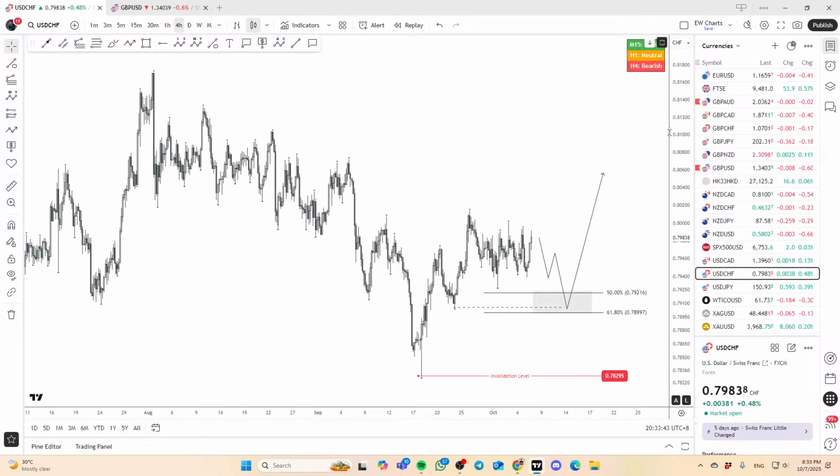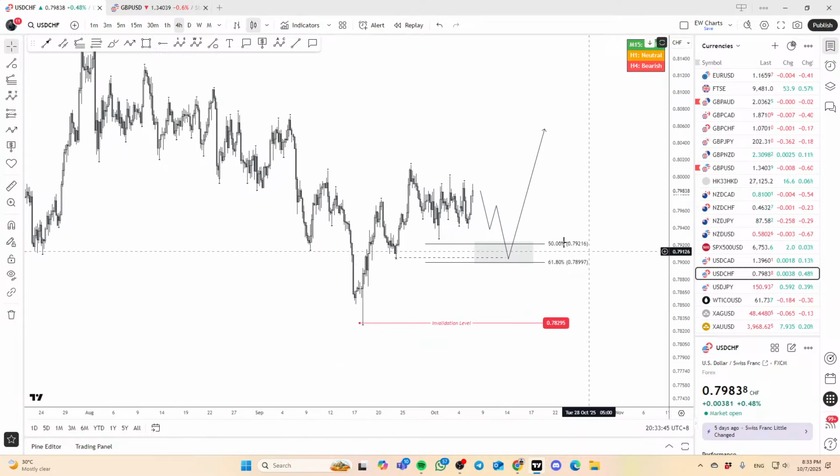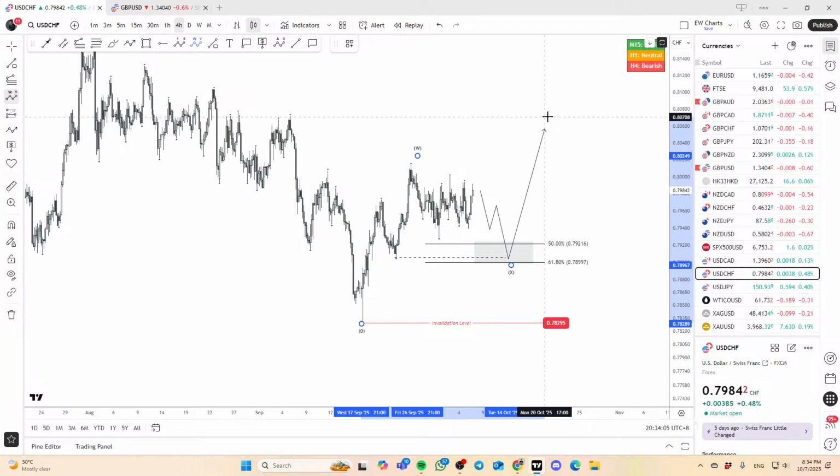Potentially, if price can pull back towards the key area around 0.7920 or 0.79, which of course can coincide very nicely with that liquidity sweep from a previous swing low, then that would be the area to look for a buy trade opportunity. Okay, then that would be a simple expectation of a three-wave development.